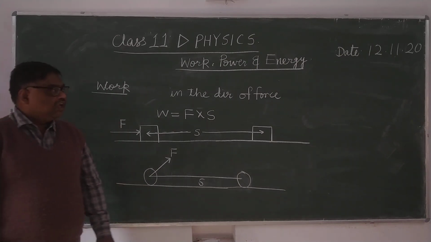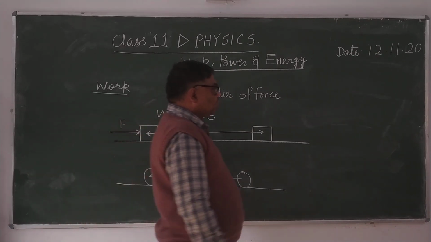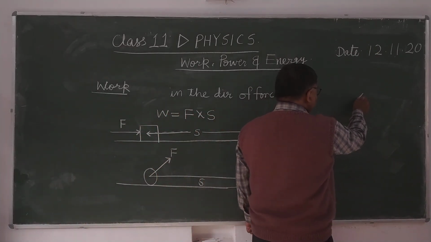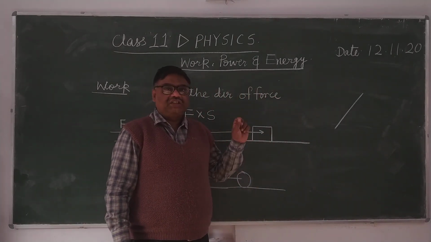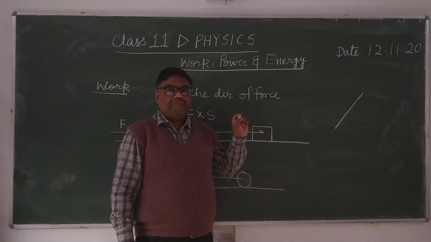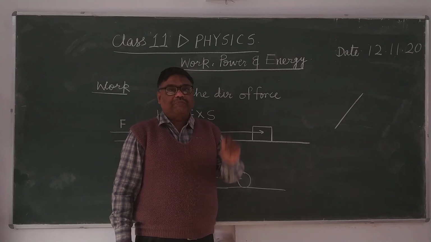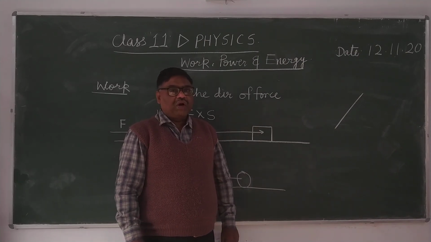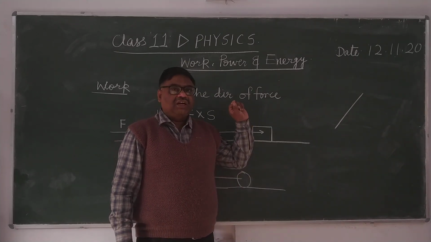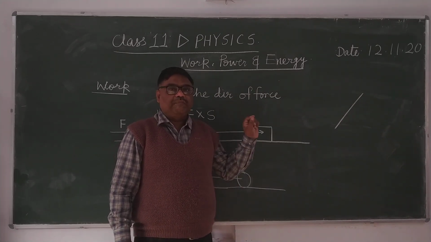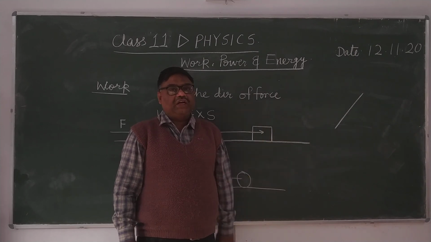As you know, a vector quantity can be resolved completely into two mutually perpendicular components. What is the meaning of completely here? It means the combined effect of those components will be equal to that vector quantity.